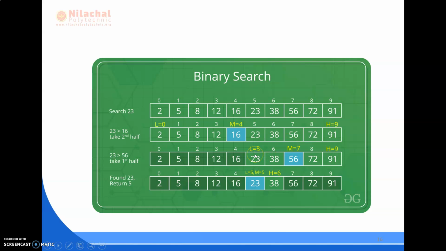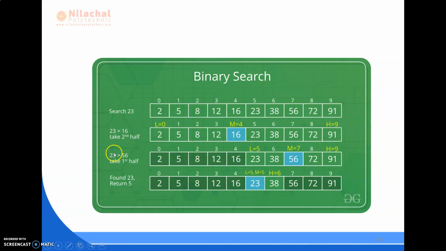Here again, what we need to do? We need to again find the mid value of this array. So here we have beginning 5 or lower bound 5 and upper bound 9. So the mid value we are getting, that is lower bound plus upper bound, is 14 divided by 2, 7. So the mid value is now 7 here, and we have the element 56.